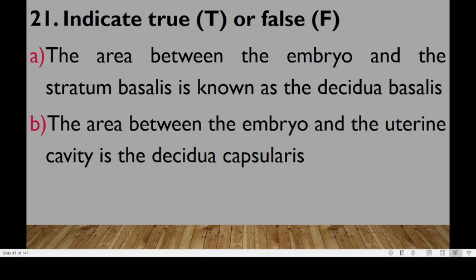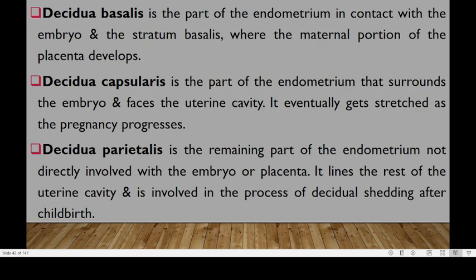Indicate whether these statements are true or false. The area between the embryo and the stratum basalis is known as the decidua basalis, and the area between the embryo and the uterine cavity is the decidua capsularis. Well, if you look at those statements, all of them are true.